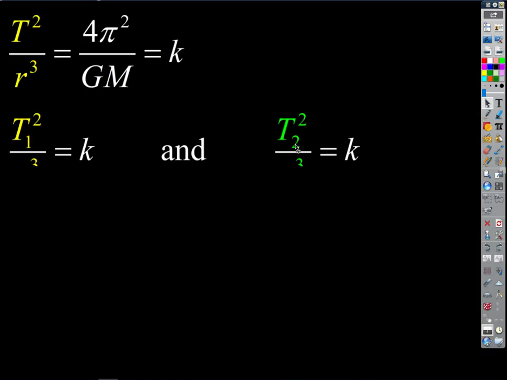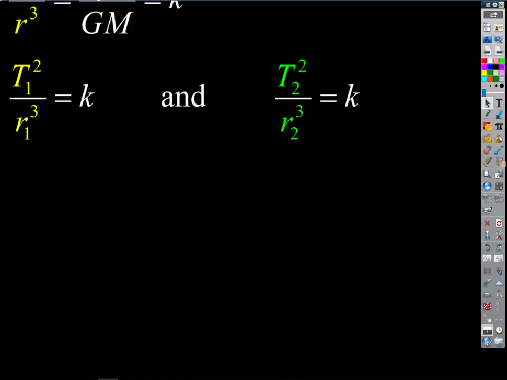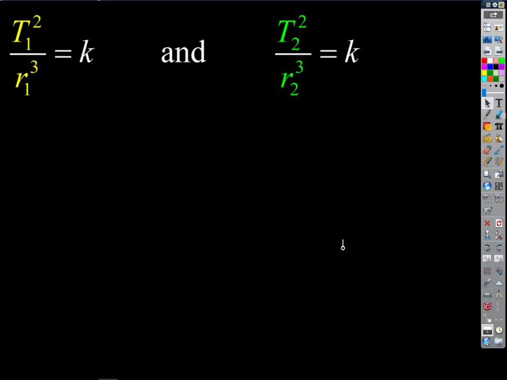Same constant that T2 squared over R2 cubed would equal, right? Just two different orbital trajectories around the same object. And the ratio of T squared over R cubed is always going to be a constant.